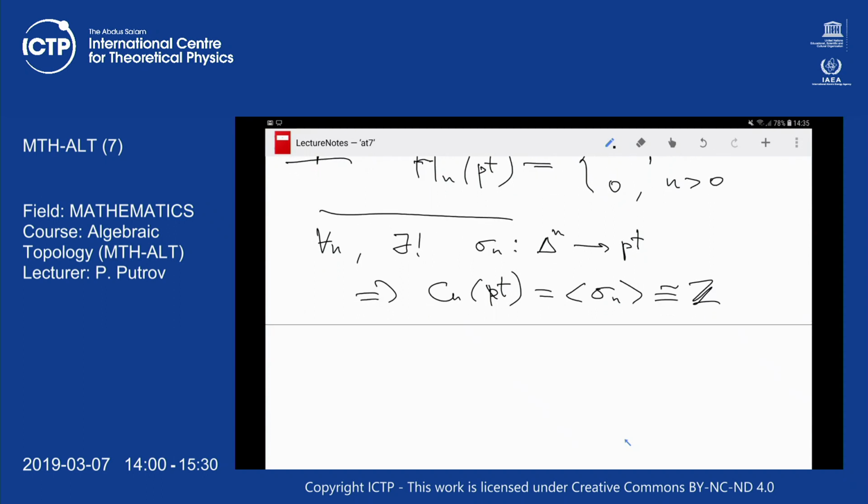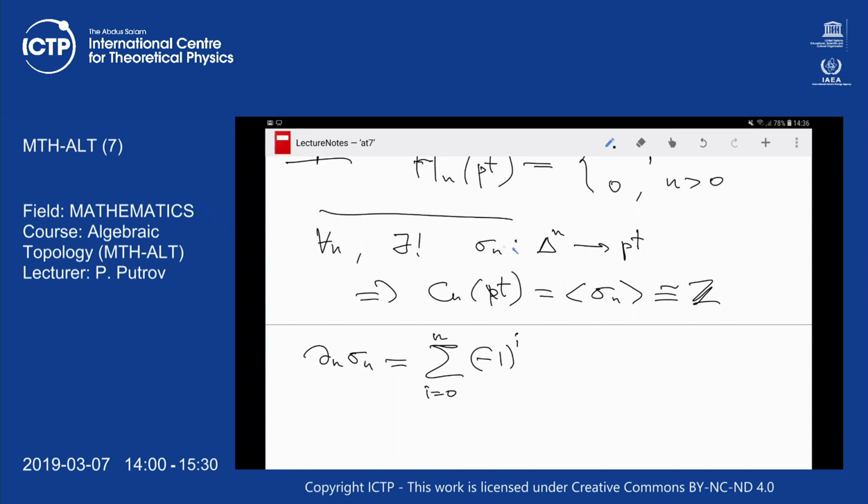So how does the boundary homomorphism act? If we consider Dn, there is only one generator, so we just need the action of the boundary map on this generator. By definition, we have the following sum from 0 to n of minus 1 to the i, times the restriction of sigma n to a particular face.